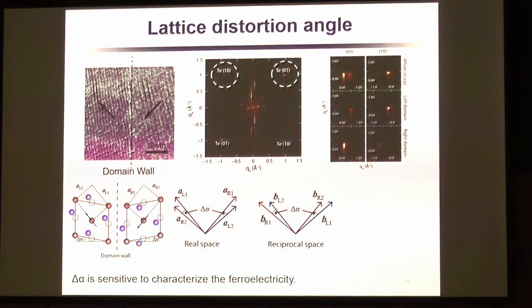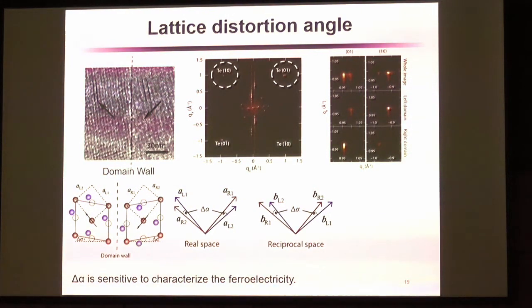This is the real-space lattice constant vector, and you can transfer it to reciprocal space. The angle between these two vectors is delta alpha, which is what we defined here.